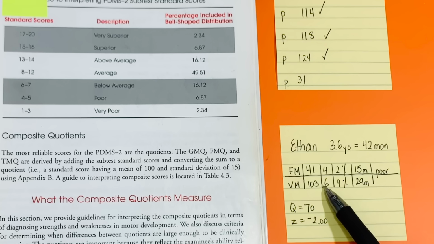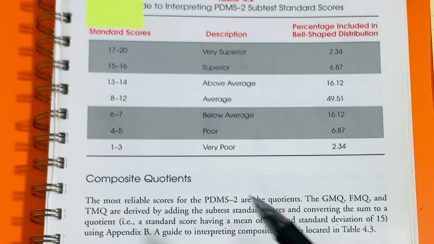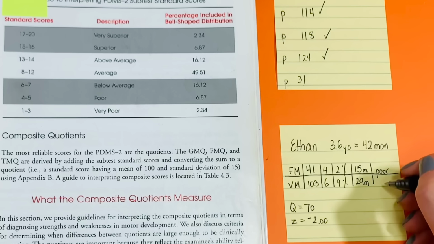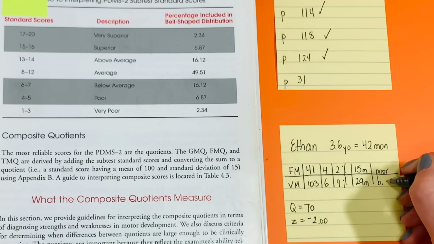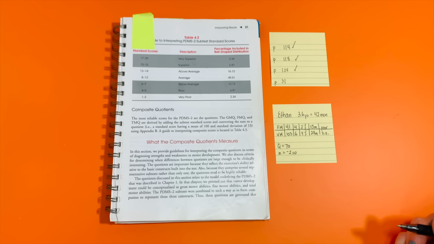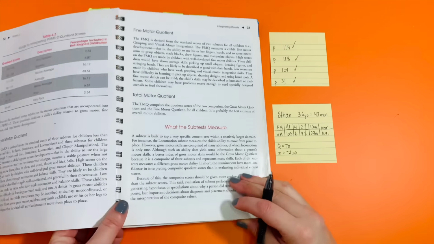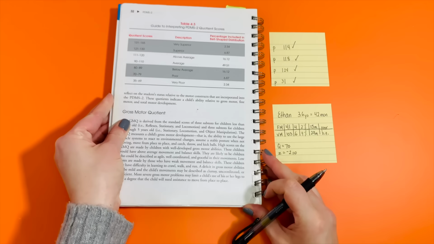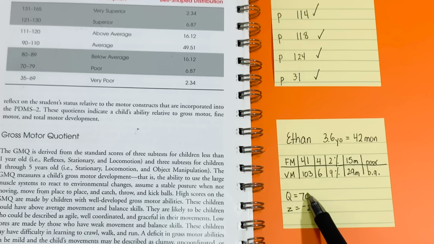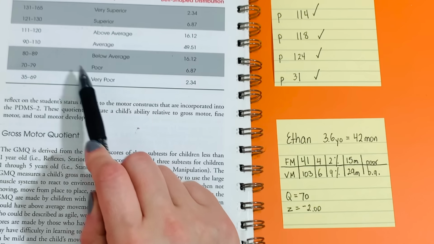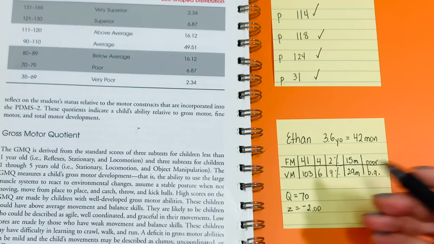Standard score of 6 on visual motor subtest will give us a description of below average functioning. Sometimes I take an extra step and look at the description of my quotient. Quotient of 70 is at poor level of functioning when both subtests are combined.